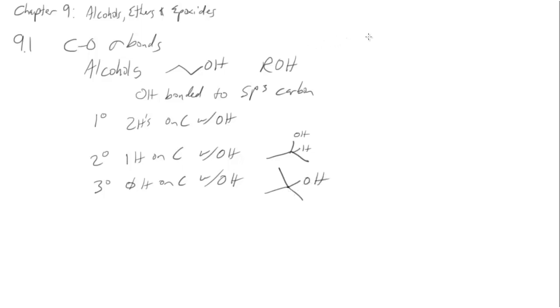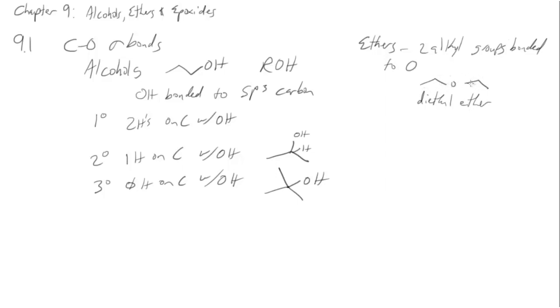Next we can have ethers. Ethers have two alkyl groups bonded to oxygen. So for example, that's diethyl ether. Here's our oxygen.